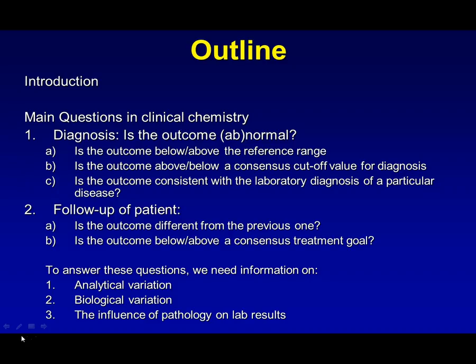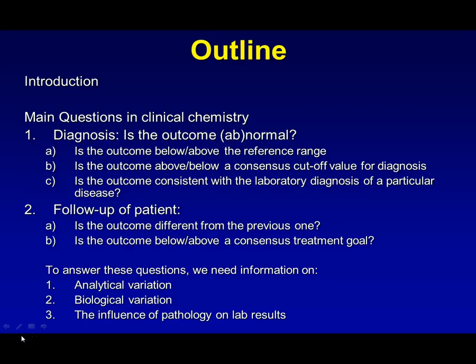The outline of this recording is an introduction into clinical chemistry, and later on we try to answer the main questions in clinical chemistry, which are actually diagnosis and follow-up using clinical chemistry parameters. For diagnosis, the most important question is the outcome normal or abnormal?